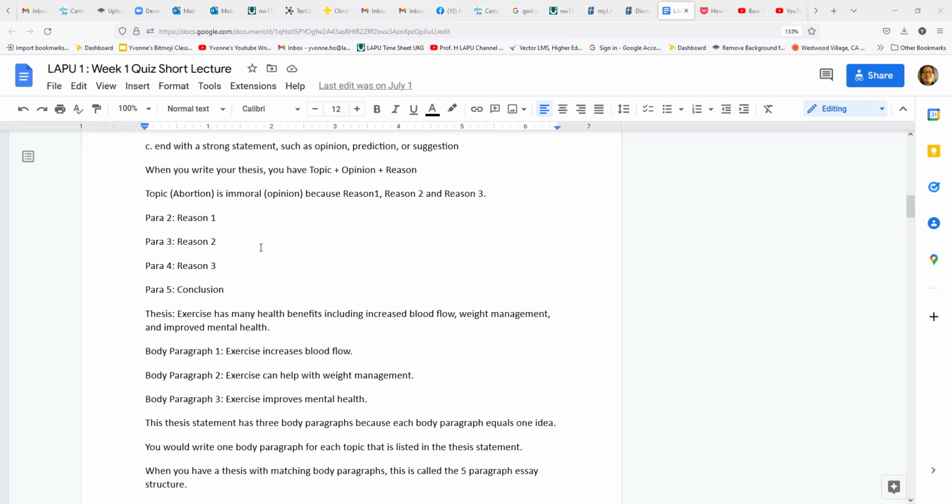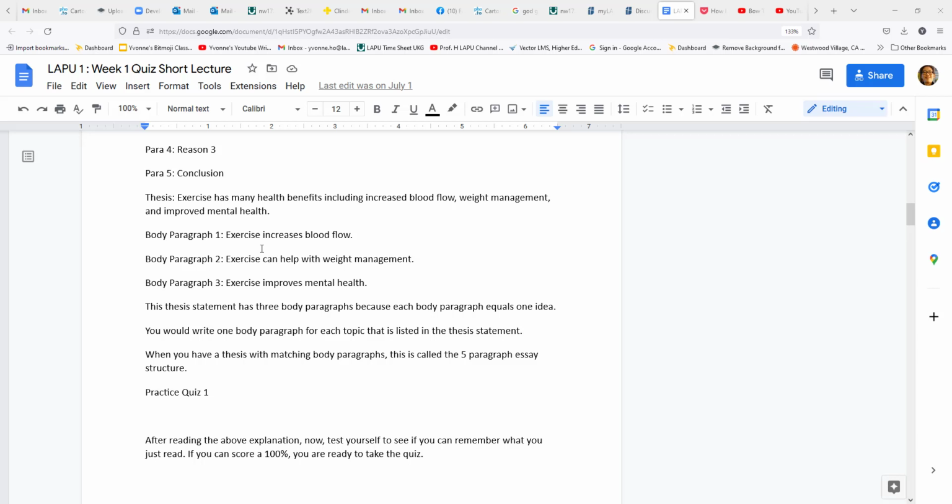Here's an example. Exercise has many health benefits, including increased blood flow, weight management, and improved mental health. And so here you have increased blood flow as paragraph 2, weight management as paragraph 3, and then the next body paragraph, exercise improves mental health.